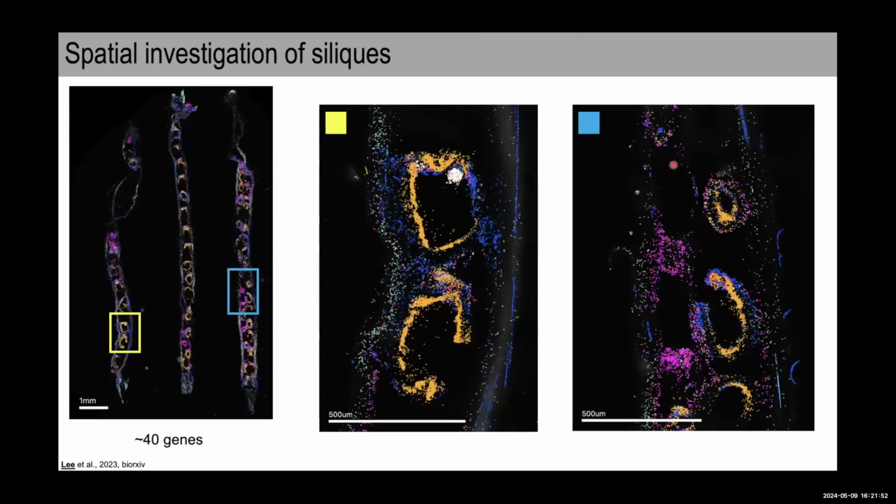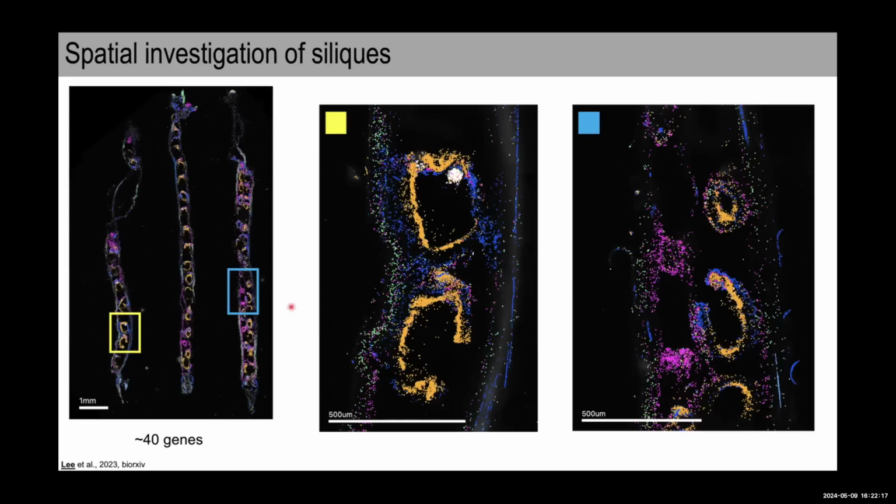So this is how the data looks. Hopefully we can see what's colored here is about 40 genes of the 140 genes total in the panel. And hopefully what we can appreciate is that these different colors that correspond to several groups of genes correspond to different regions or cell types or layers of the Silique.